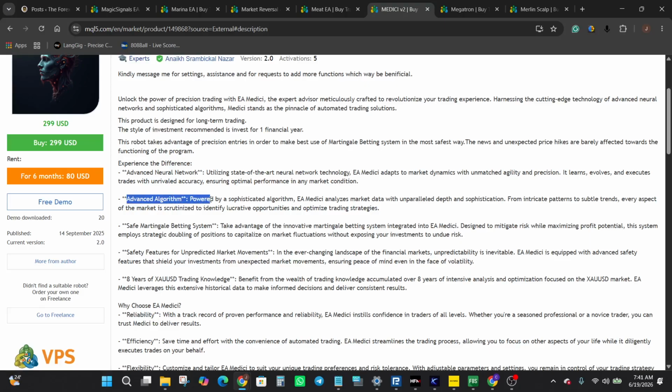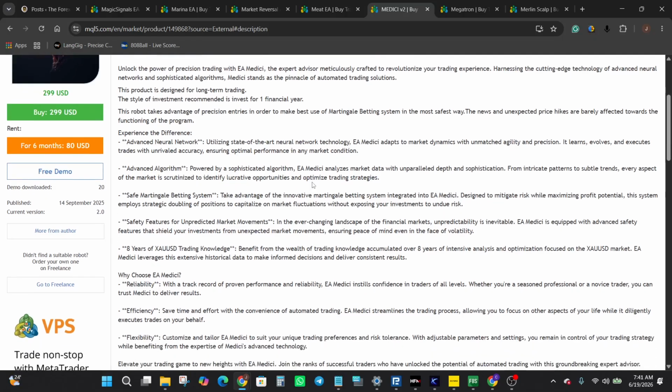According to the developer, these technologies are designed to adapt to changing market conditions and analyze market data in search of trading opportunities. The page also mentions built-in safety features intended to help manage unexpected market movements.